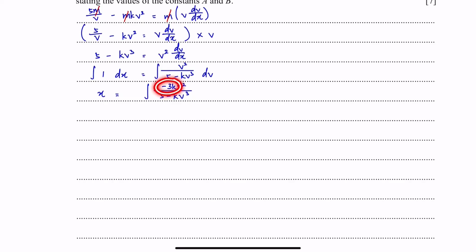But to add this, we need to divide on the outside so that the original expression is not changed, right? So it will be negative 1 over 3k times ln of 5 minus kv cubed plus a constant.